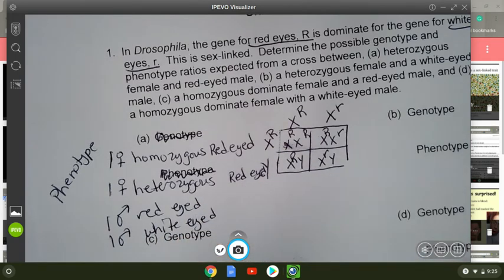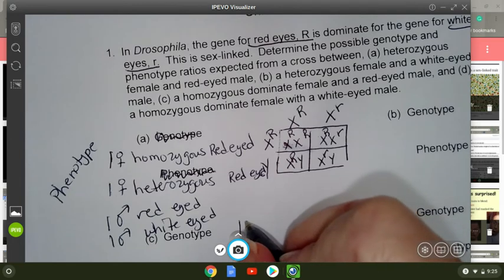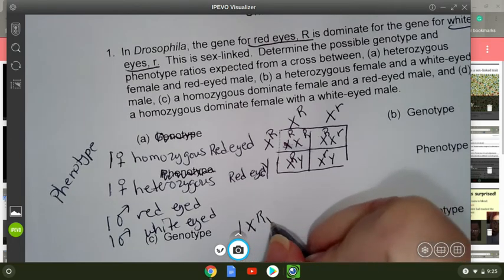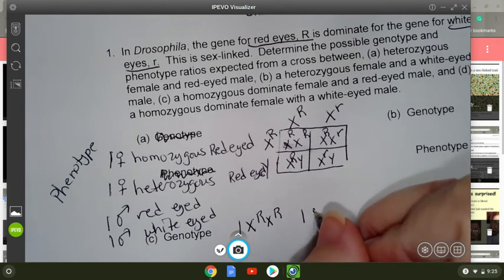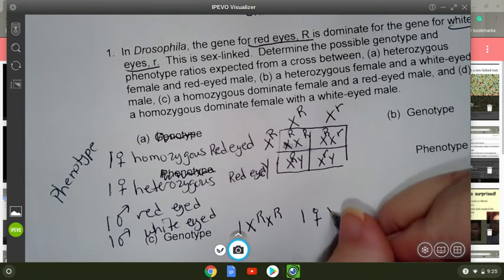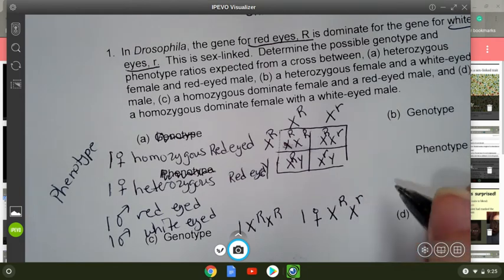Now my genotype for this is what the letters are. So I have one female X big R, X big R, and one female with a big X with big R and a big X with a little r.